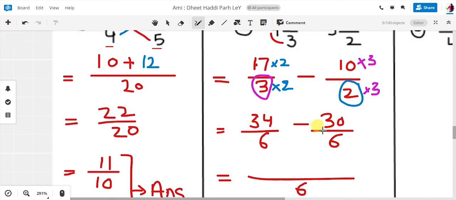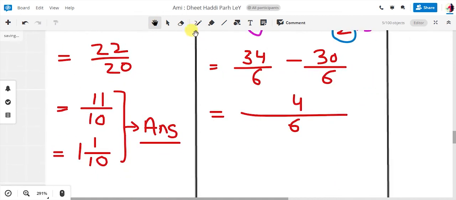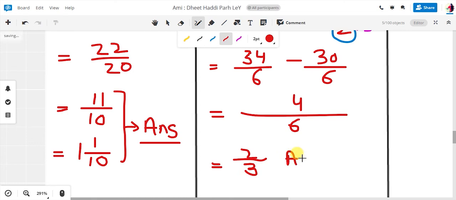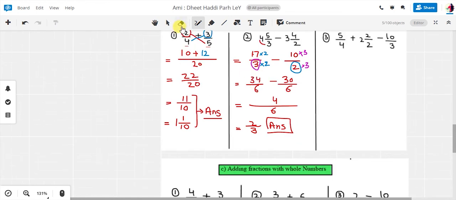So 34 minus 30 will give me 4. Now we have to simplify this fraction, so this will give me 2 over 3. So this is my final answer, right? So this is the whole question.